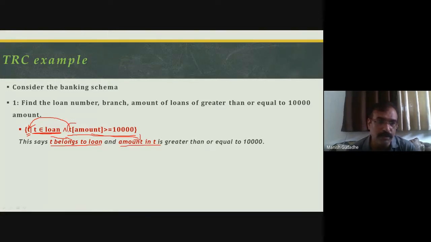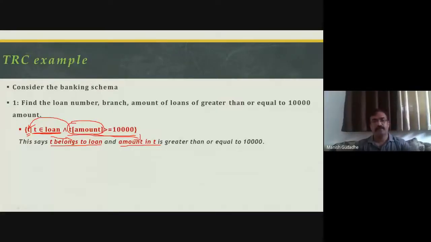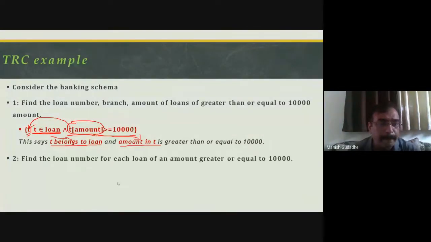So this is amount in T. Now, find the loan number for each loan of an amount greater than or equal to 10,000.